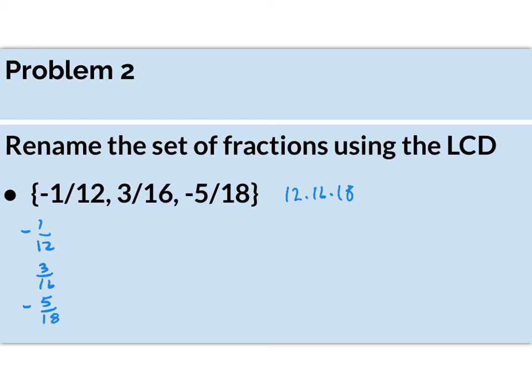You can multiply these numbers by hand, or do it on your calculator. Your phone has a calculator on it. So 12 times 16 times 18 is 3,456, and that is going to probably be the lowest common denominator of all of these numbers.